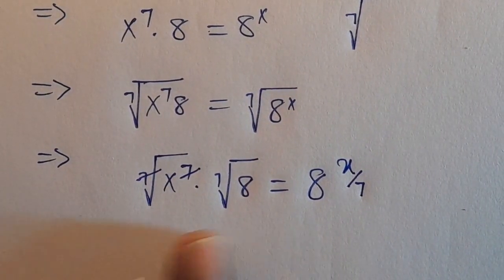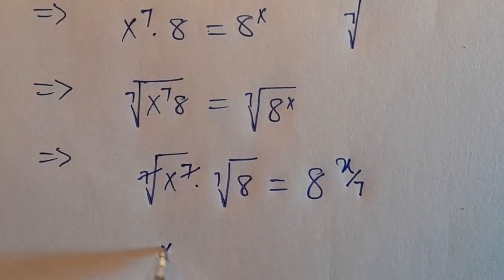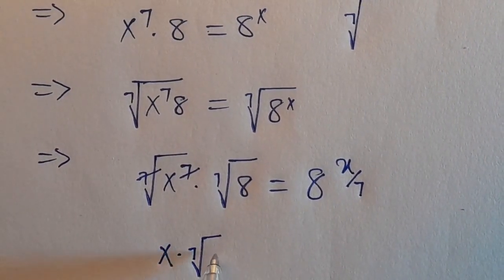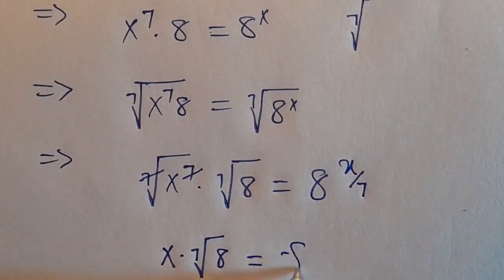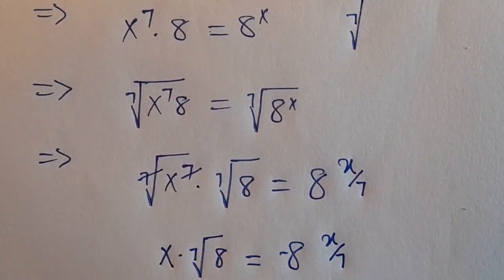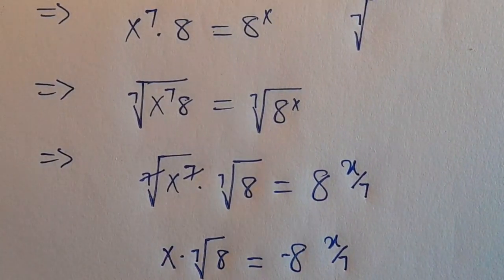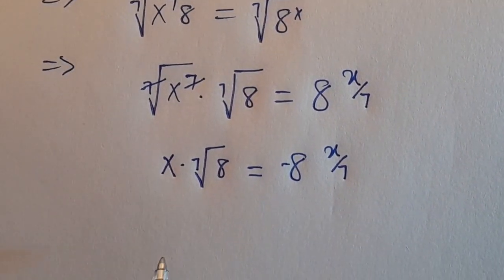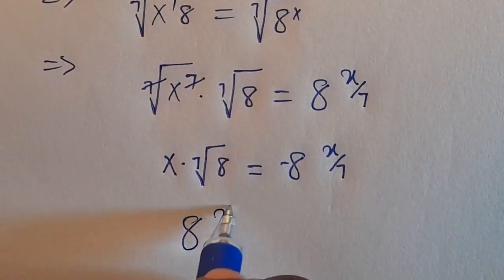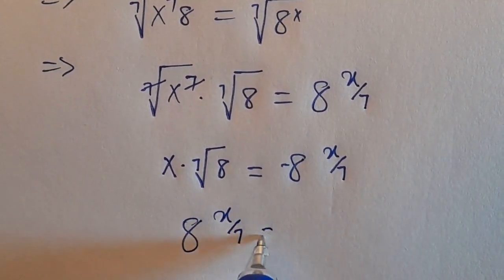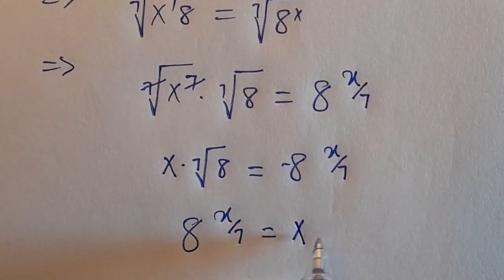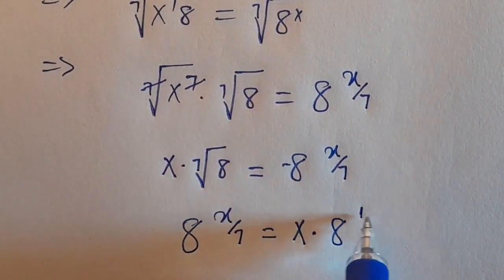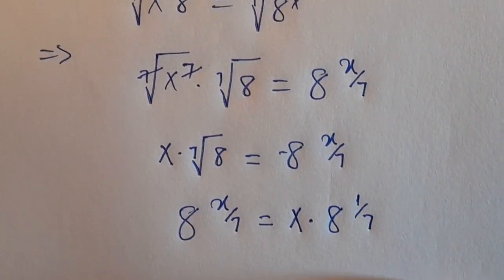We have x and the 7th root of 8 equals 8 to the power of x divided by 7. So now guys, from here, let us rearrange this. So we have 8 to the power of x divided by 7 equals x multiplied by 8 raised to power 1 divided by 7.